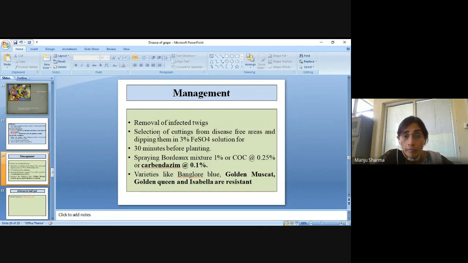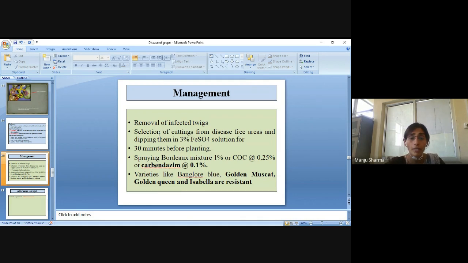Spraying Bordeaux mixture 1% or copper oxychloride 0.25% or carbendazim 0.1%. Varieties like Bangalore Blue, Golden Muscat, Golden Queen, and Isabella are resistant.